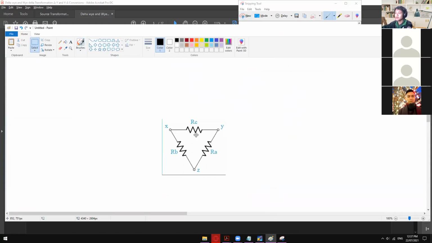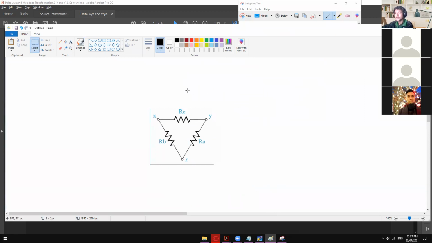Kung hindi lang to open notes, ang technique na masasuggest ko, kasi syempre, online distance learning, it's open notes, so wala kayong pinaproblema. Well, anyway, the only thing that you guys need to memorize is this RA, RB, and RC right here.